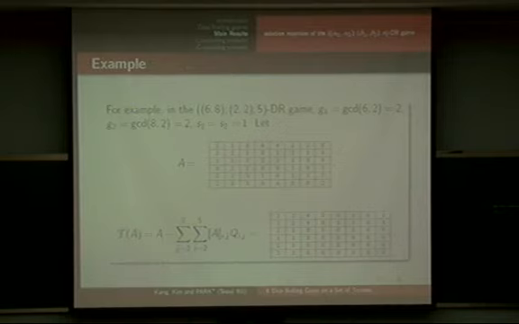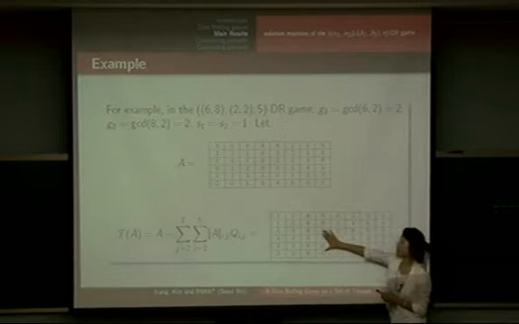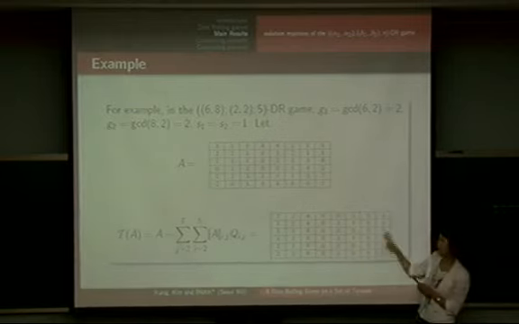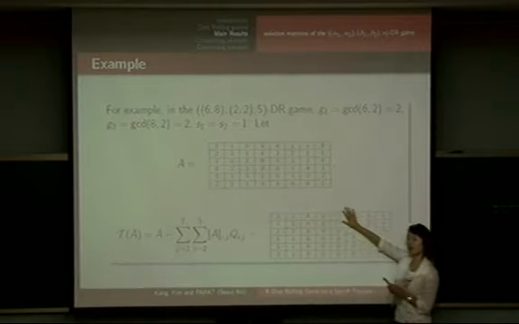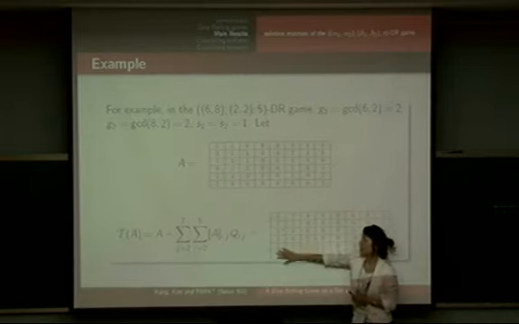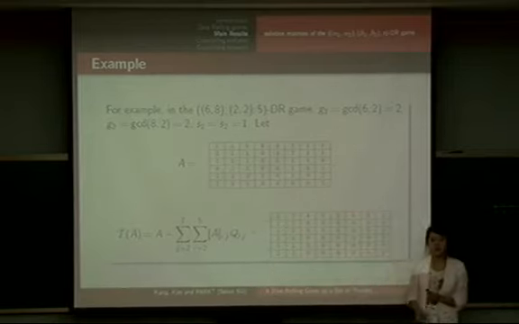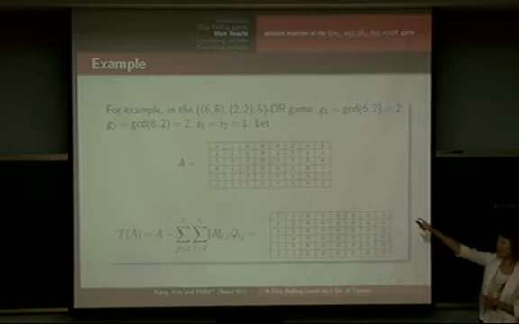In the previous example, for this A, TA is computed like this. That is, the entries in this area are 0, and this area has identical rows, and this area has identical columns, and they are all multiples of S1 or S2.